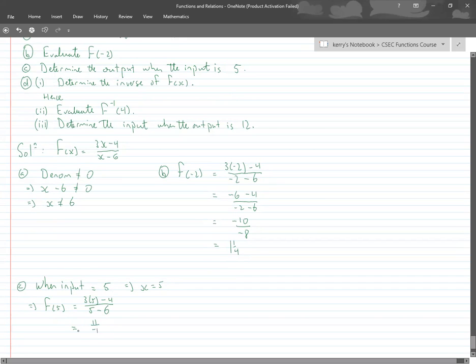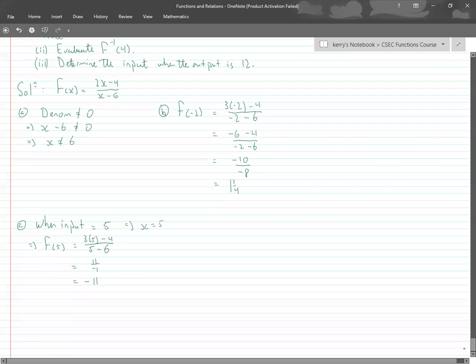And 5 minus 6 is negative 1. And that will give us negative 11. So this is your output. So essentially, when the input is 5, the output is negative 11, according to this expression here.